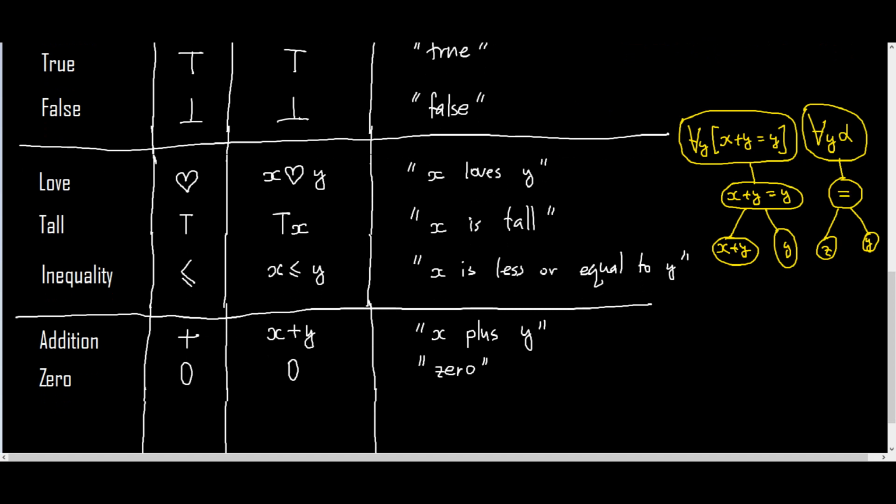And here maybe I should write just for all y, so that this tree I'm displaying here holds the information of what that input here is. That input is whatever is read through the thing that comes after, right?